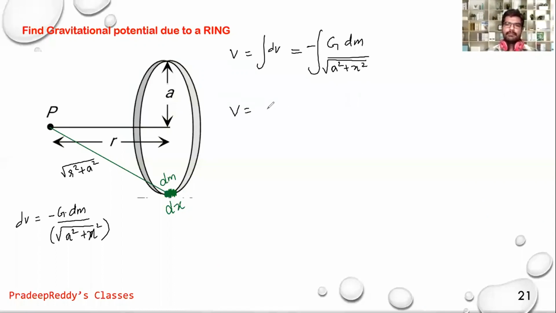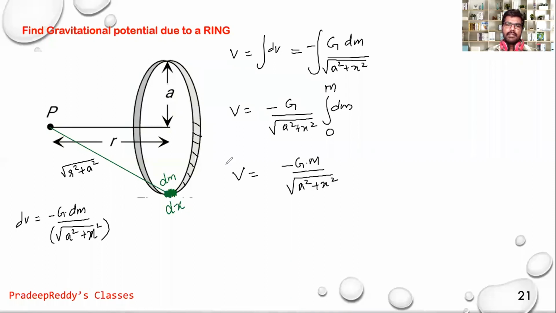So we can write it as minus capital G divided by under root a square plus x square, integration dm. Now you take one element here, one here, one here, like that, you can take all these elements and add them. If you add all these elements, what do you get? You get the total mass of the ring. So the integration limits are from 0 to capital M, where capital M is the mass of the ring. So V is equal to minus capital G capital M divided by under root a square plus x square.